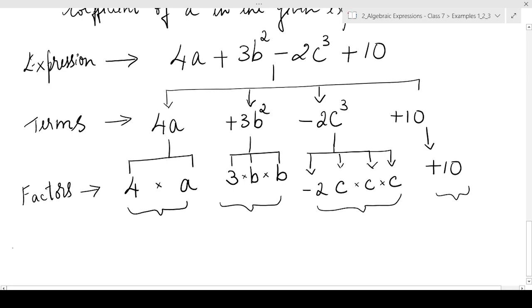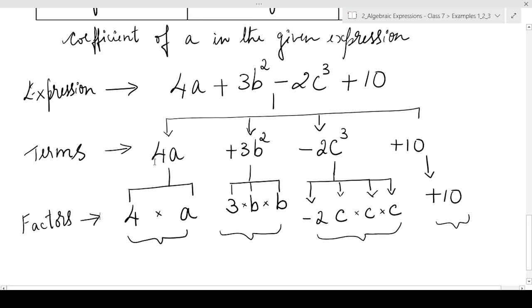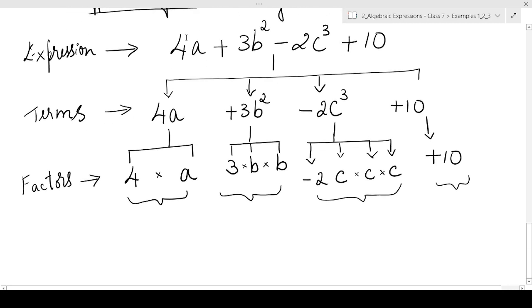So can we look into the coefficient? What is the coefficient of a? Now they have asked you in this problem, what was the first thing that has been asked? Find out the coefficient of a, right? Find out where a is. This particular expression has a in the first term.